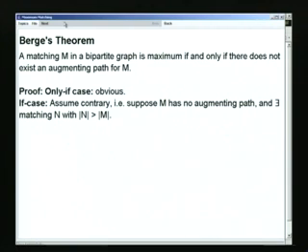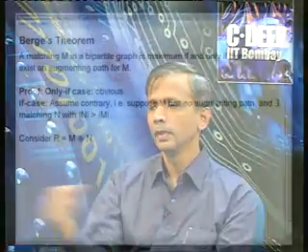So we are worried about such N. We have in our hands a matching M, and we are assuming that there is a bigger matching N somewhere out there. Well, at this point, it's natural to ask what is the difference between M and N. So that's exactly what we do.